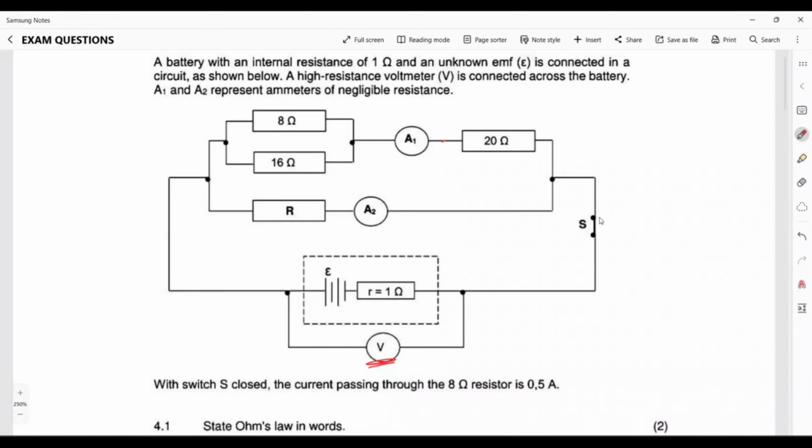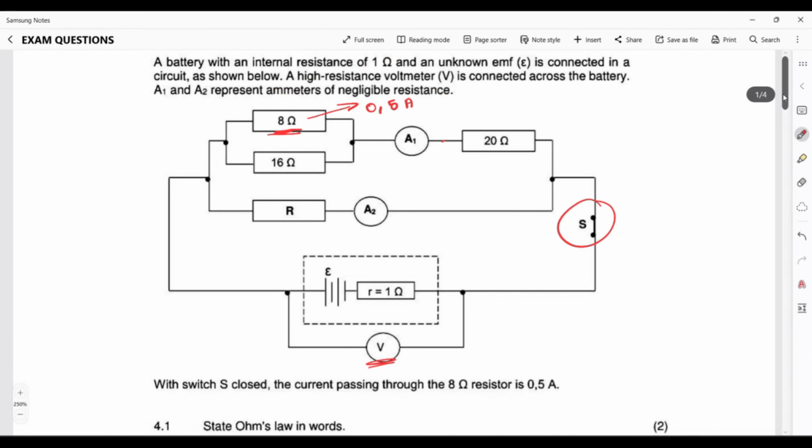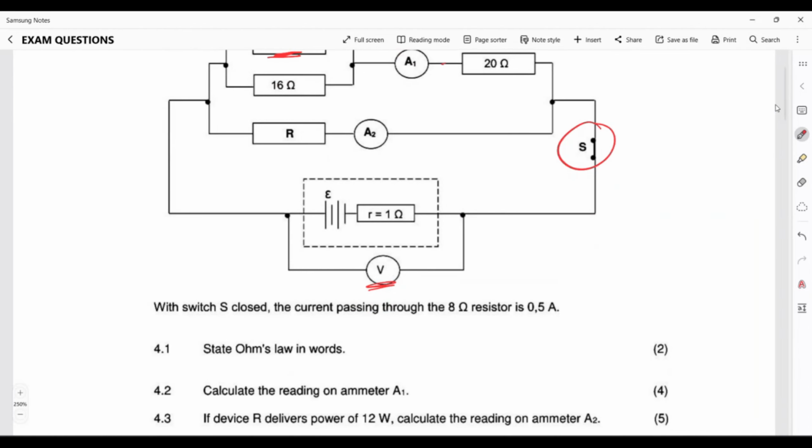Okay, they said as soon as this switch is closed, the current that is passing through the 8 ohm resistor is 0.5 ampere. And then 4.1 says: state Ohm's law in words.